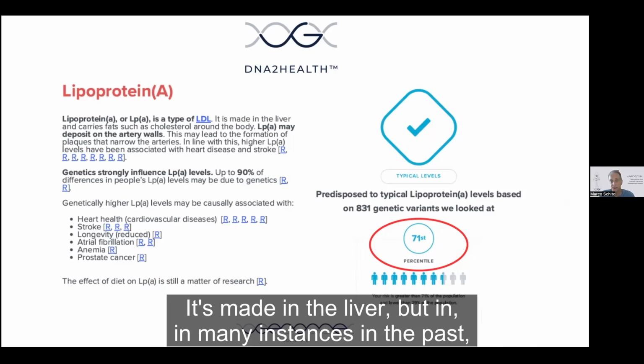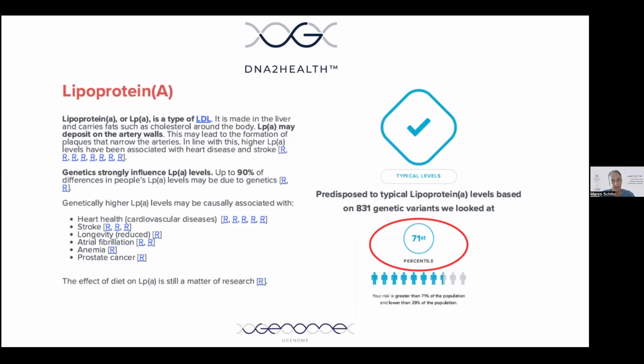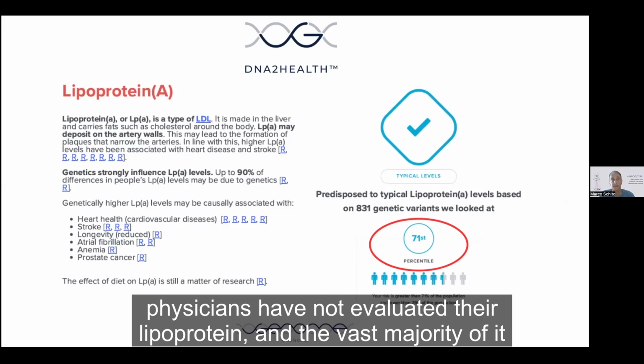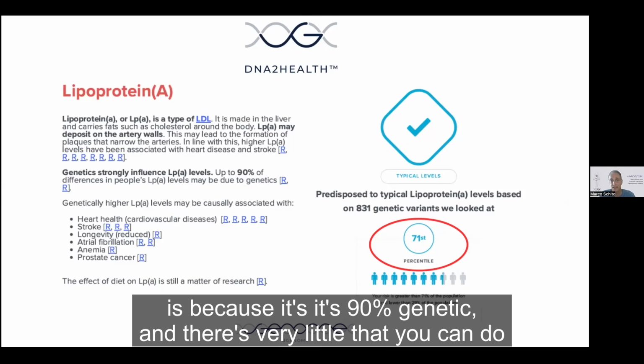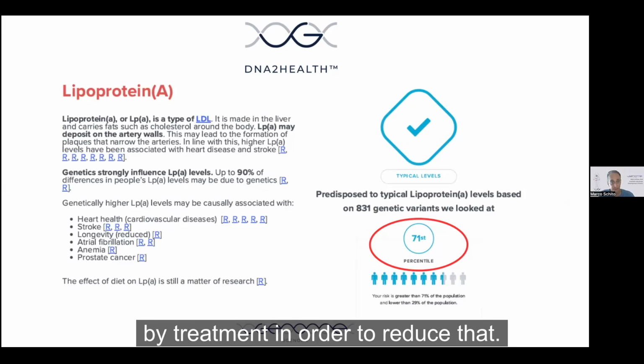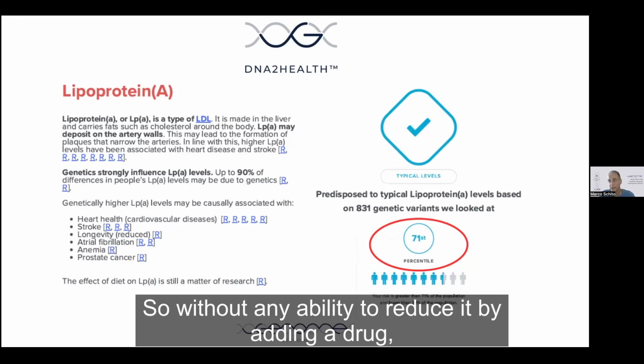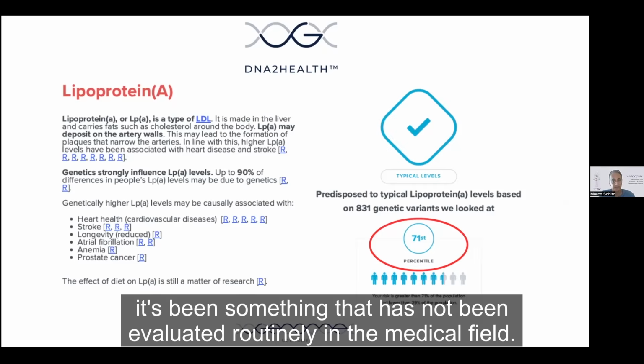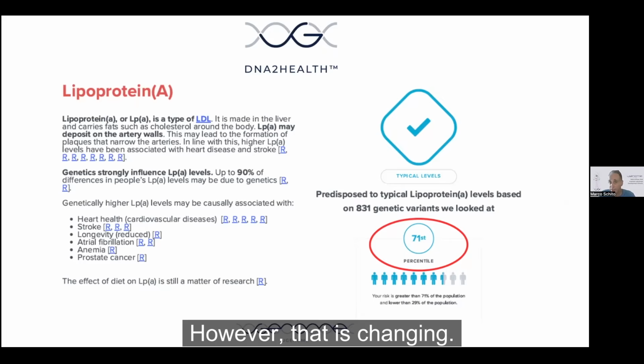It's made in the liver, but in many instances in the past, physicians have not evaluated their lipoprotein A. And the vast majority of it is because it's 90% genetic, and there's very little that you can do by treatment in order to reduce that. So without any ability to reduce it by adding a drug, it's been something that has not been evaluated routinely in the medical field. However, that is changing.